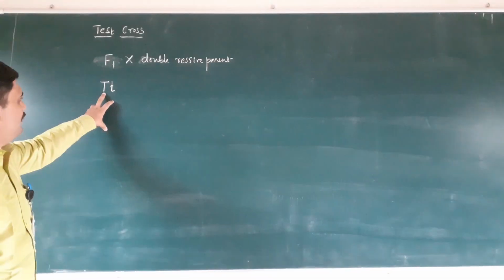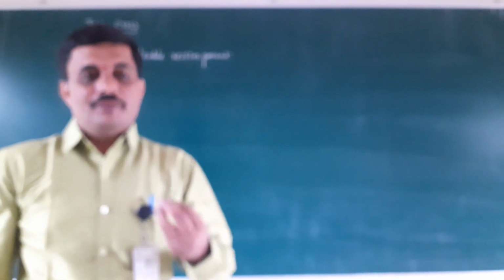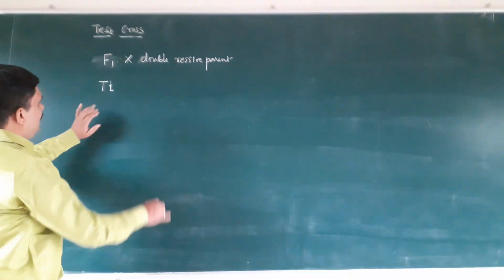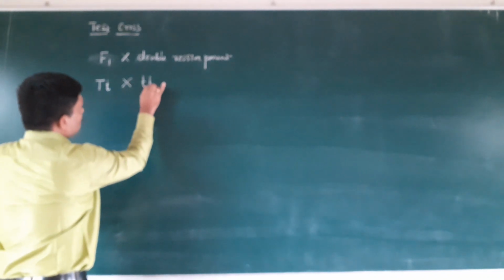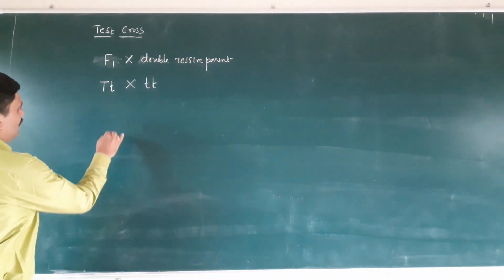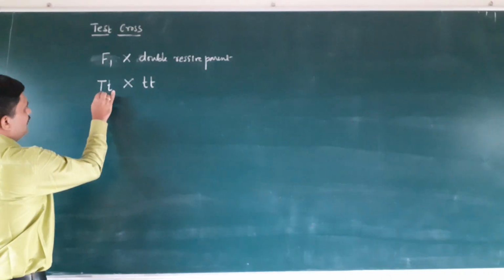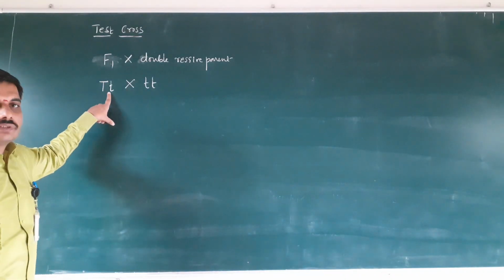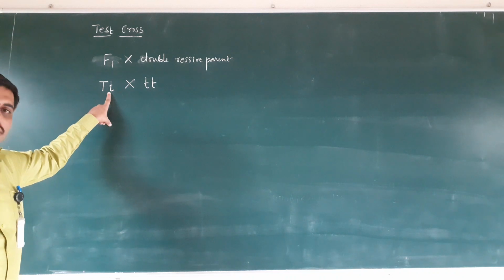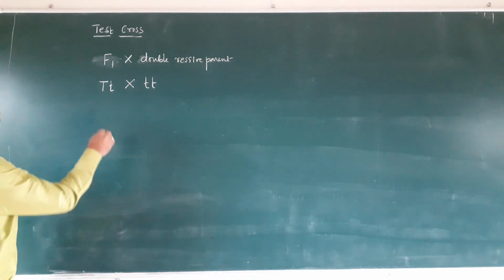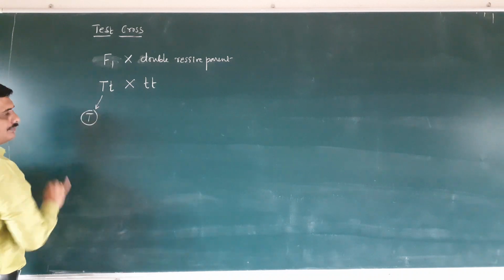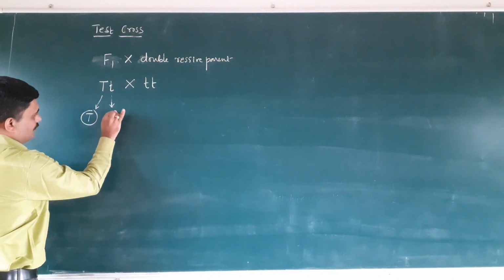We get the hybrid, the heterozygous allele of tallness, capital T and small t, in the F1 generation. Whatever offspring we get in the first filial generation is called F1, and it is crossed with the double recessive parent. The heterozygous condition produces two different kinds of gametes: one kind is capital T, the second is small t.